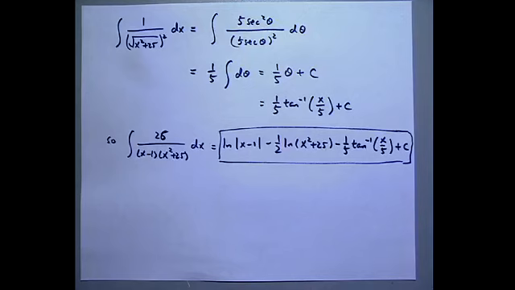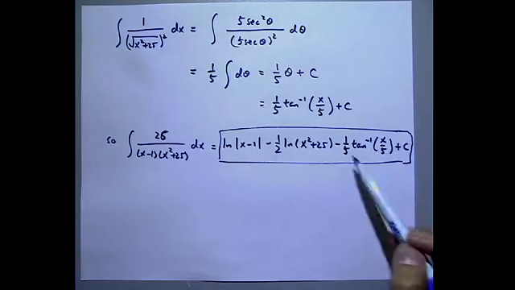Okay, questions on this example? This is a pattern you will notice whenever you deal with a denominator that has at least one non-repeating irreducible quadratic. There's always some kind of inverse tangent, always.